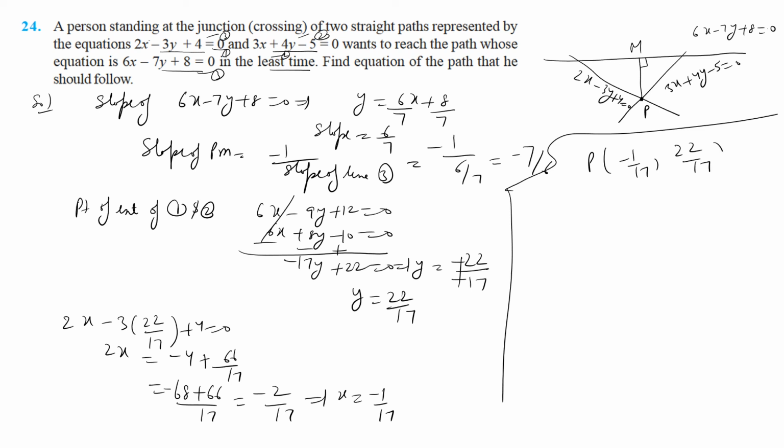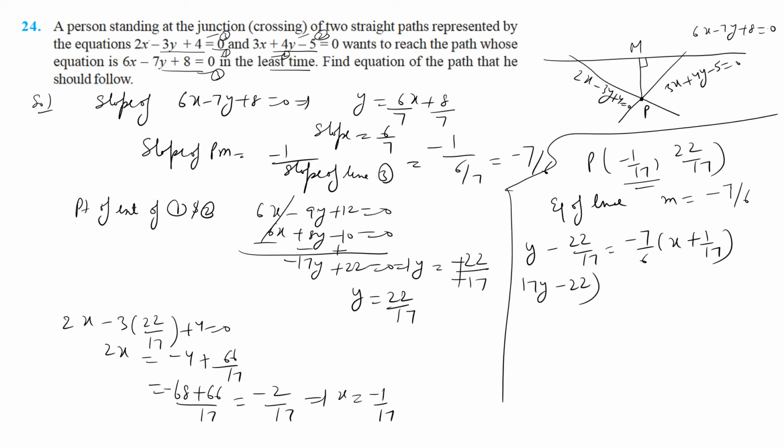So the equation of the line passing through this point and having slope minus 7 by 6 is y minus y1 equal to m times x minus x1. So y minus 22 by 17, multiplied by 6, is equal to minus 7 into x plus 1 upon 17; let us take the LCM from here also.